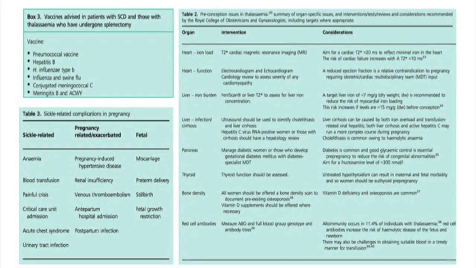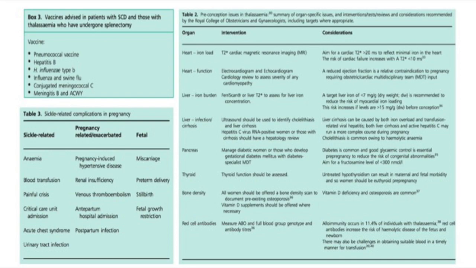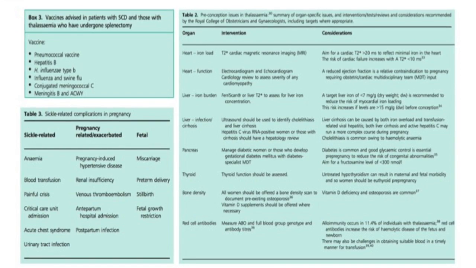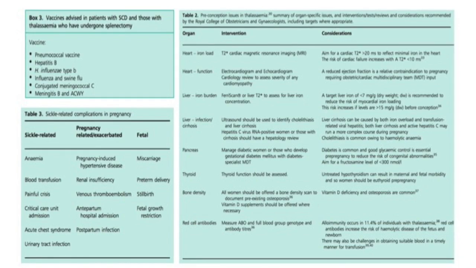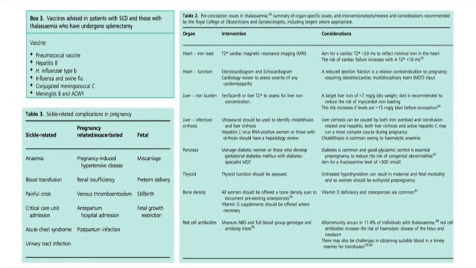Pancreas, managing diabetic women or those who develop gestational diabetes with a diabetes specialist MDT. Diabetes is common and good glycemic control is essential pre-pregnancy to reduce risk of congenital abnormalities. Aim for a fructosamine level of less than 300 micromoles per liter. Thyroid function tests should be assessed.